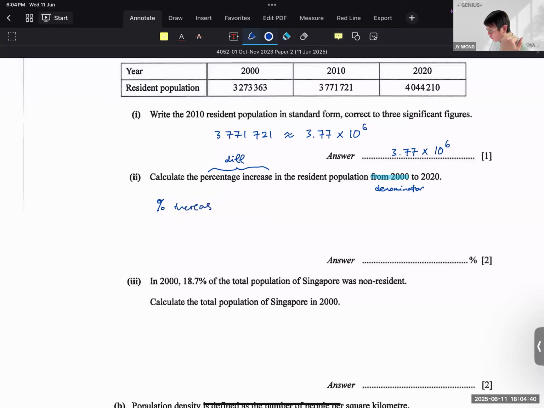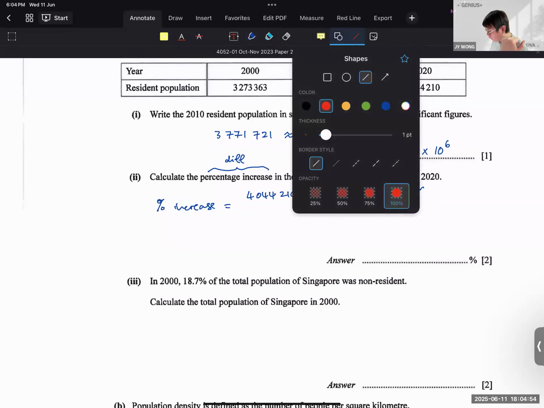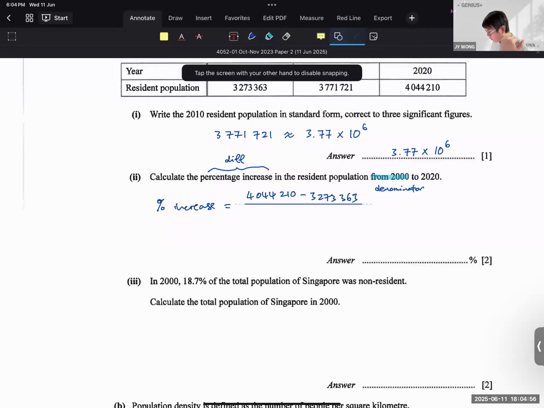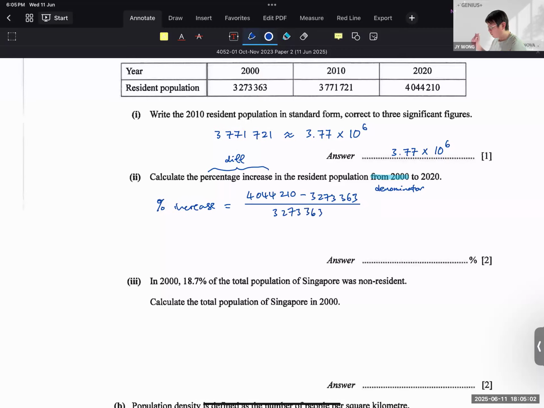So your percentage increase here is given by your difference, which is 4044,210 minus 3273,363. The whole thing out of the original, which is 327,3363.